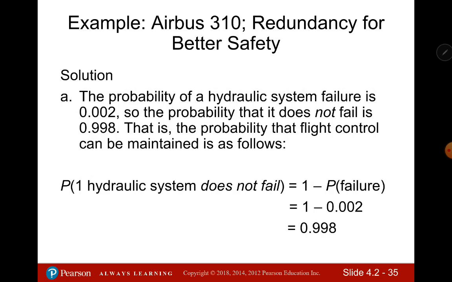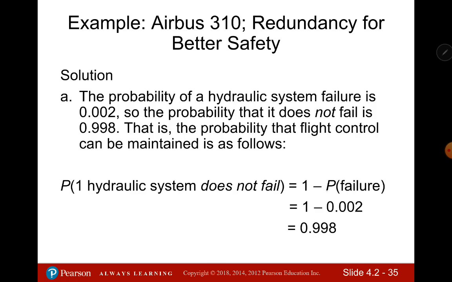So first part, if we only have one system, we can easily get the probability that the system does not fail, because we already know the probability that the system fails. So they are complements.